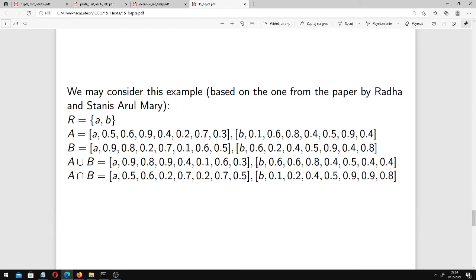And you may check the rest of our calculations. Yes, you may also find complements of A and B.